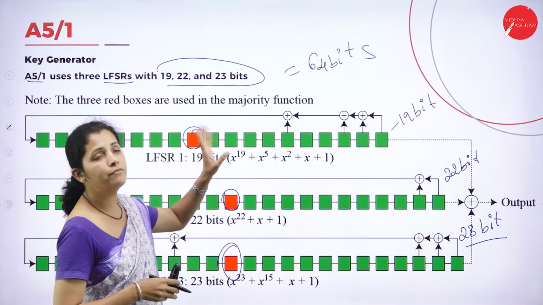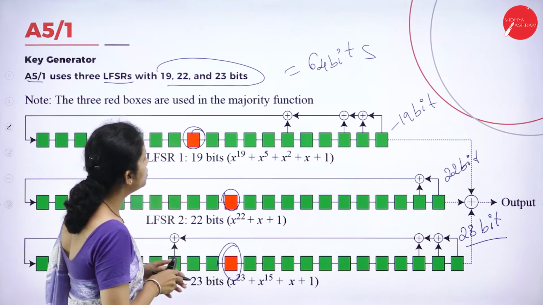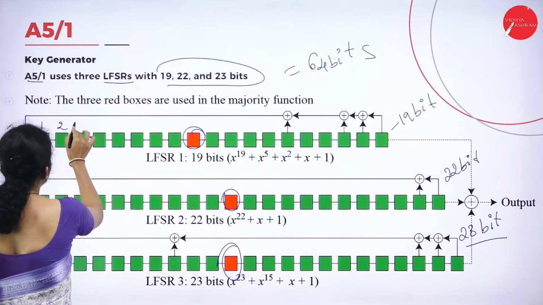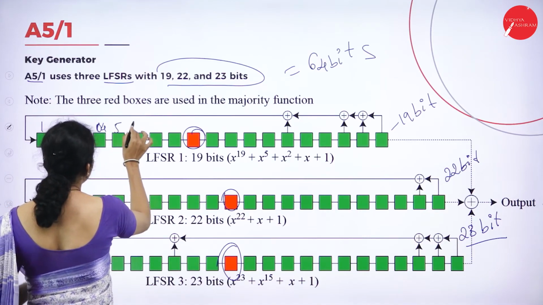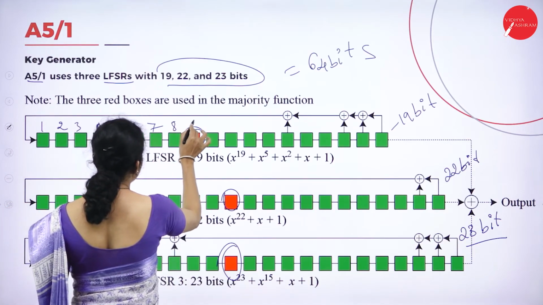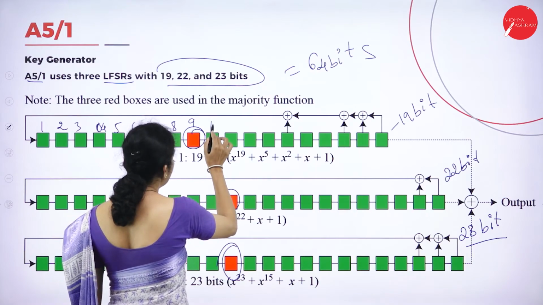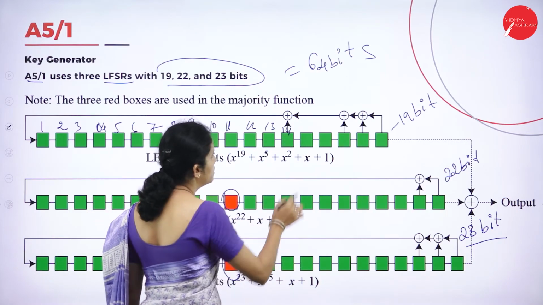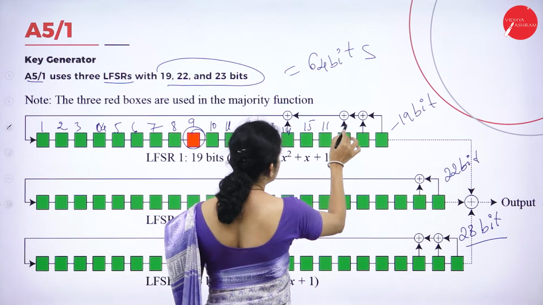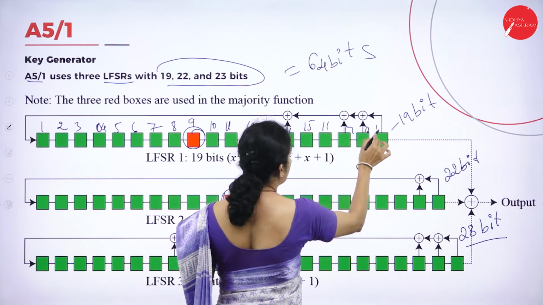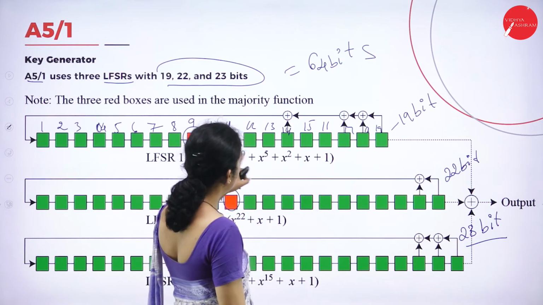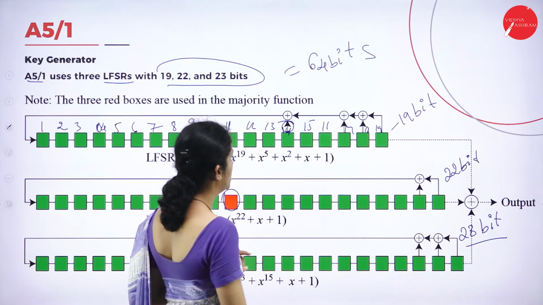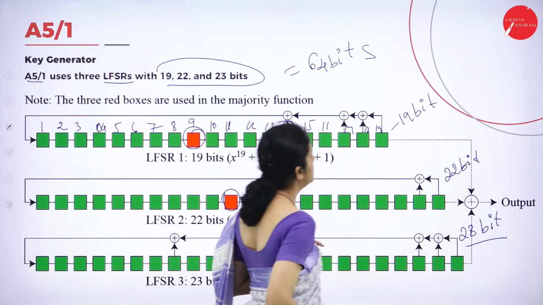Now see here, if I count 1, 2, 3, up to 19, for the 14th bit I perform the XOR operation along with the 17th bit and the 18th bit.